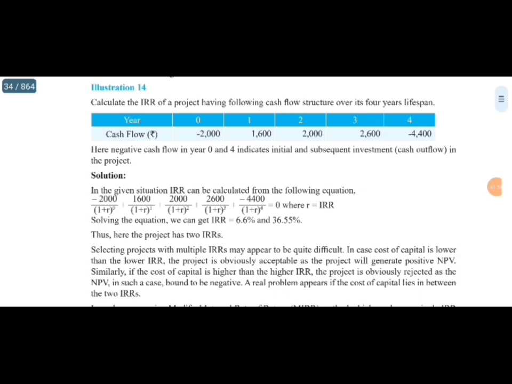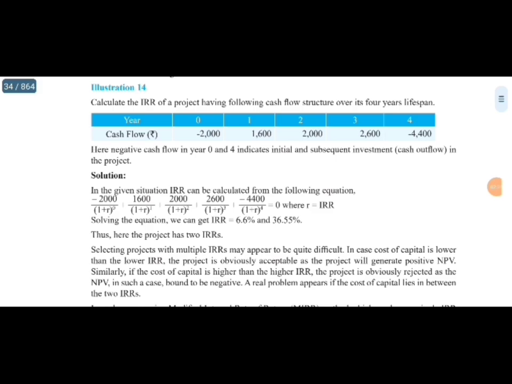Cash flow for year 0 is minus 2000, first year 1600, second year 2000, third year 2600 and fourth year minus 4400. Here they have given negative cash flows of minus 2000 in the current year and minus 4400 in the fourth year. If they have given in the negative, then it means outflow.